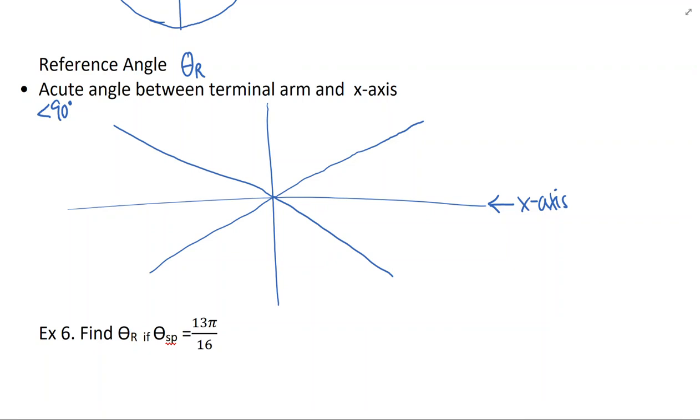And the reference angle would be, for example, here would be a possible reference angle. Here would be a reference angle. Here would be a reference angle in the 3rd quadrant, and in the 4th quadrant, it'll be here. So please note that this one that I'm drawing here is not a reference angle. I don't know why students really like that one, but no, it has to be with the x-axis, not the y-axis. All right, last question here.